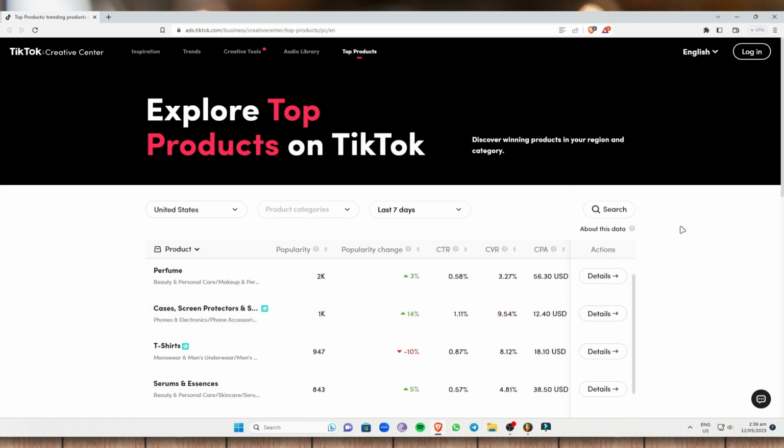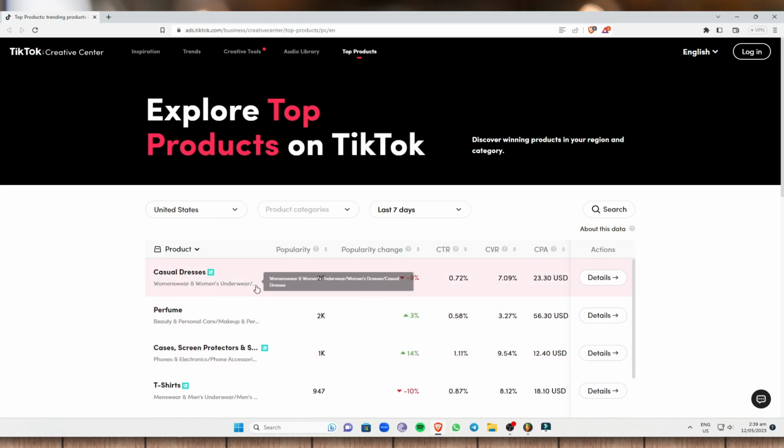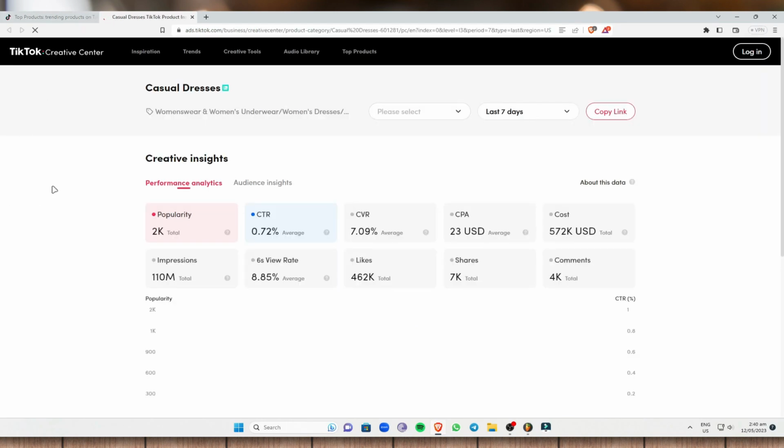And next, we are still not done yet. I'm gonna go to details right here. So for example, I'm gonna go to details under casual dresses, and it will lead you to this creative insight.